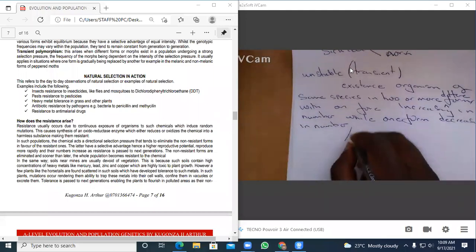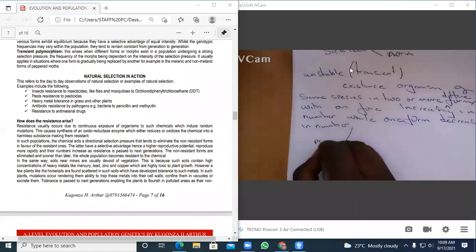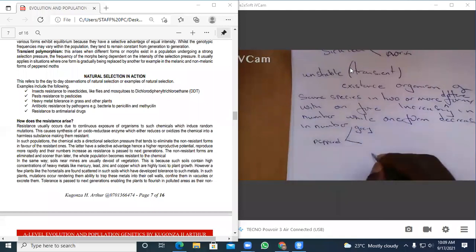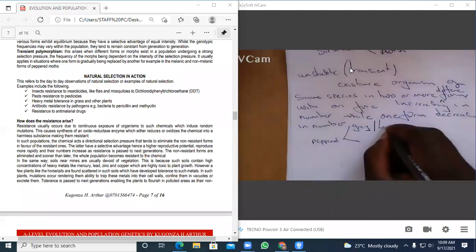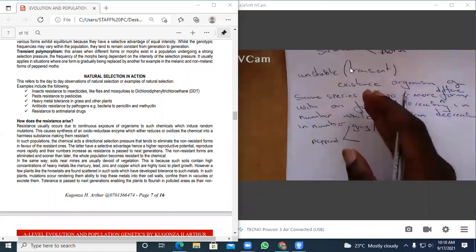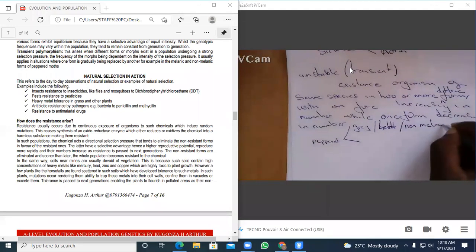peppered moth. Here we are going to use the example of the peppered moth. We have two types of peppered moth. The gray, or you'll find some books calling it light, or non-melanic.